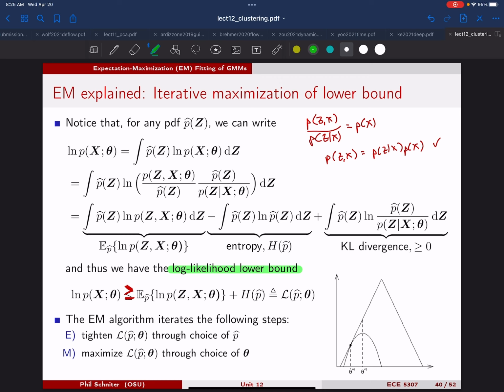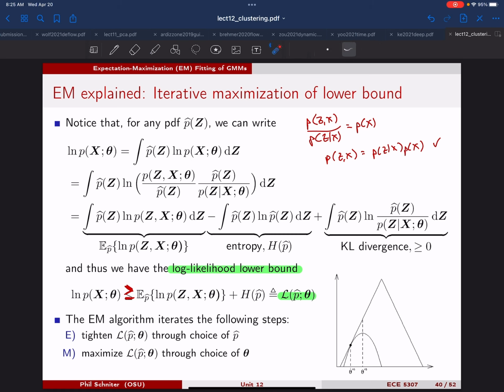And now we're finally ready to talk about why we are doing this lower bounding. You can essentially think of the EM algorithm as iterating two steps. We're going to give this a name, we're going to call this script L. This is the lower bound on the log likelihood.